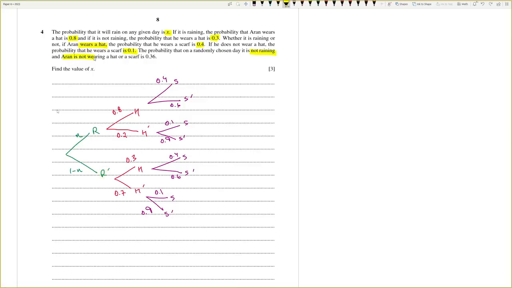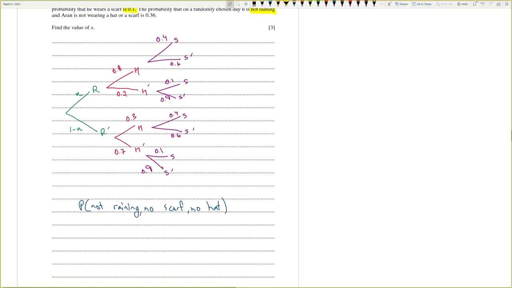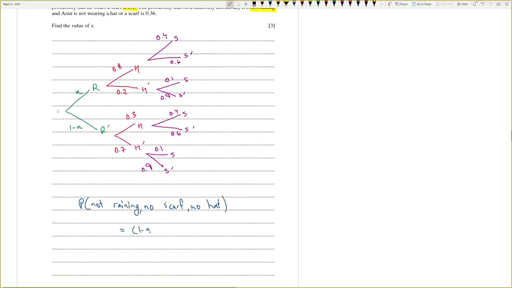The probability that it's not raining, no hat and no scarf: it's 1 minus x times no hat 0.7 times no scarf 0.9. This is equal to 0.36, right? That is given in the info.